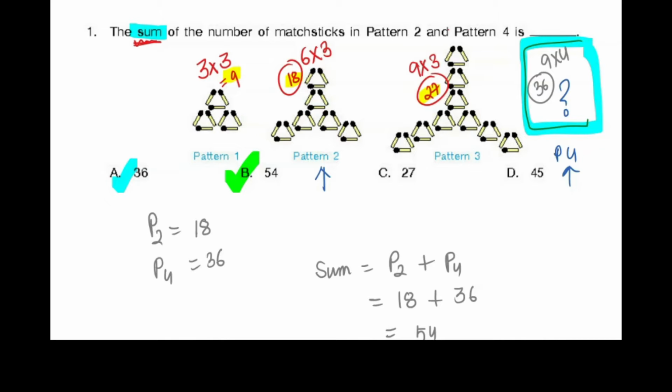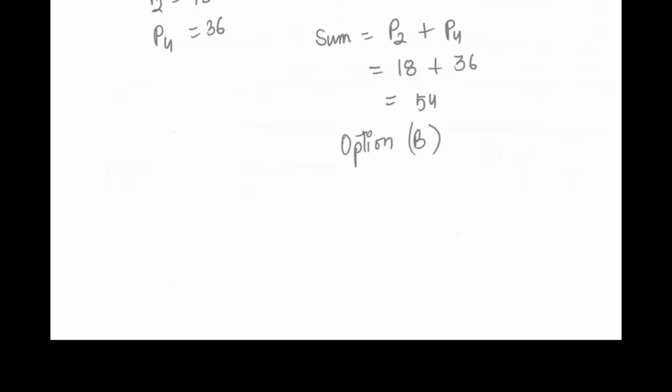So your answer will not be correct because it is an incomplete answer. The question is asking about sum, not only pattern 4, right? Sum of pattern 2 and pattern 4. So most of the students will answer 36 and very special genius students will make it 54. Now let's switch to the next question.